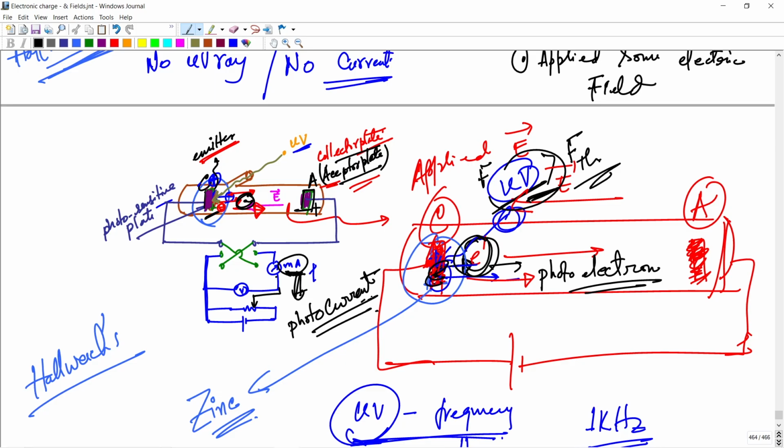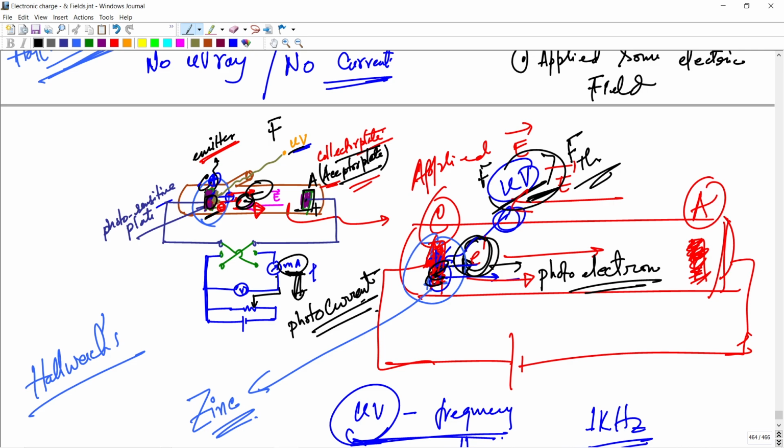When electrons are released from the emitter plate and move towards the collector plate, we get some current, and that current is called photocurrent, and that electron is called a photoelectron. The frequency of the UV radiation must be greater than the threshold frequency; the threshold frequency is the minimum cutoff.